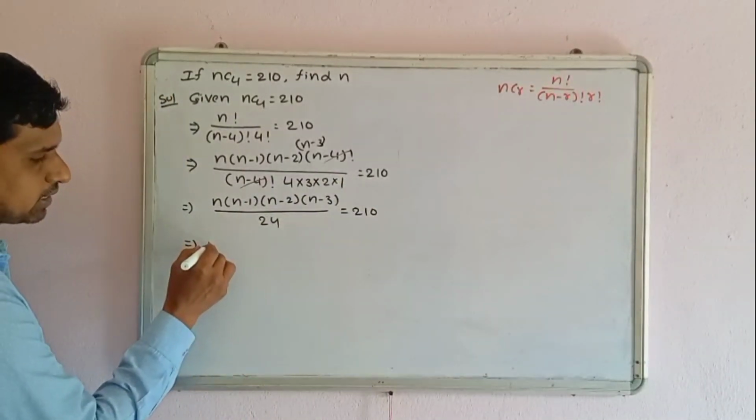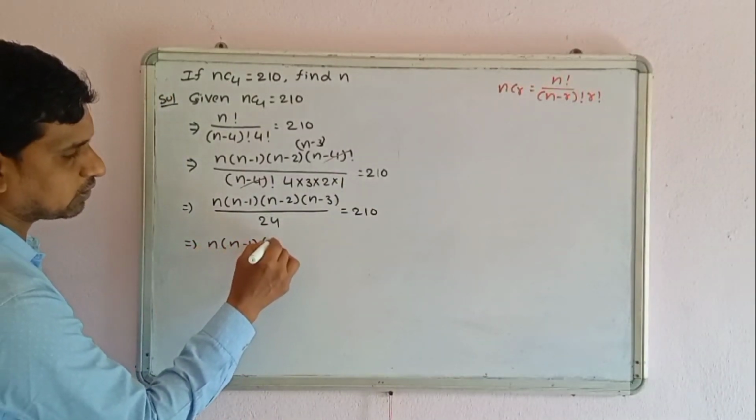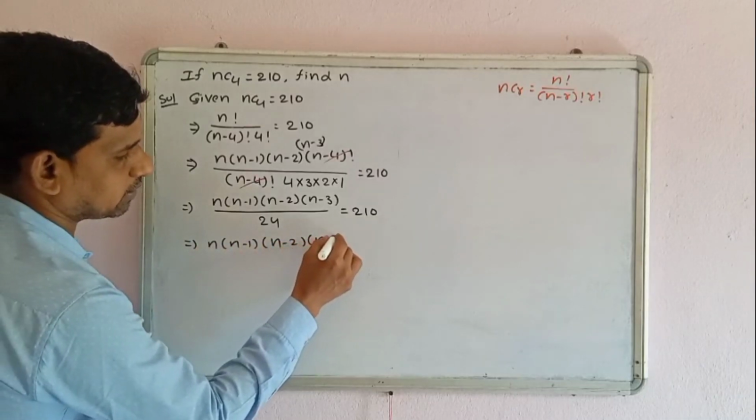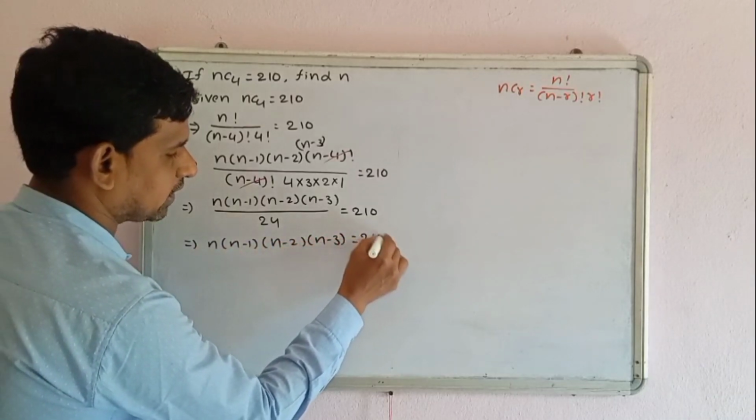So n into (n minus 1) into (n minus 2) into (n minus 3) divided by 24 equals 210.